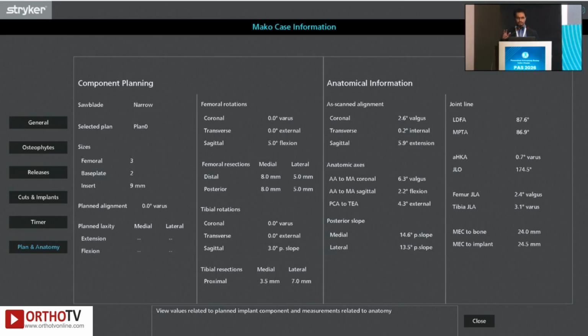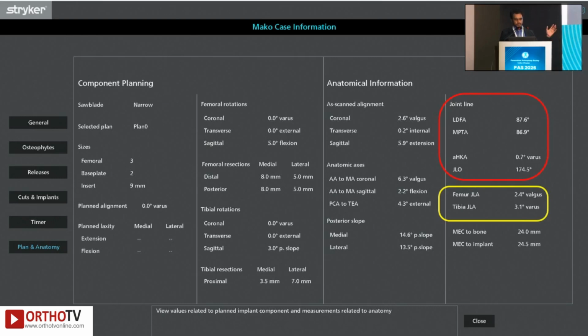Again, this is the case information sheet that we get from the MAKO. A lot of information, very busy, but I'll just highlight the few points that we need to focus on. This is the first corner where we could look at our LDFA, MPTA, and calculate our CPACs from that. Again, I'm not very CPAC fixated. What I would more focus on is the second column where I'm looking at my joint line obliquity.